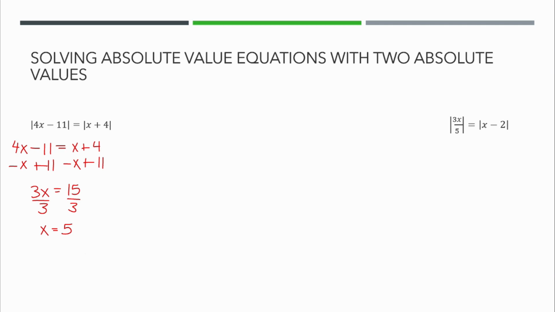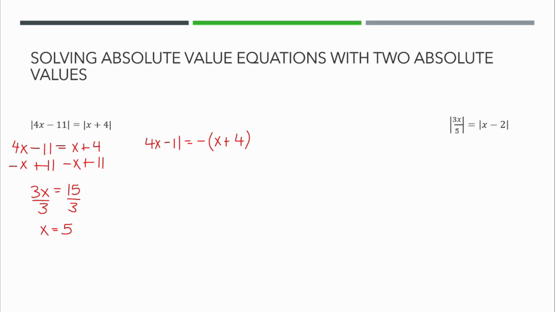Now let's do the negative variant. 4x minus 11 is equal to negative, and in parentheses, x plus 4. Now, why in parentheses?